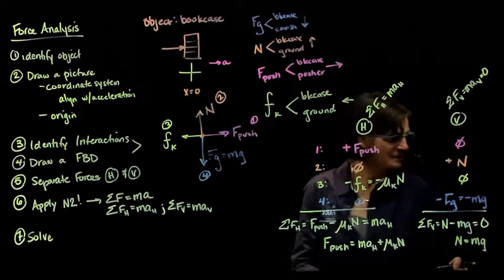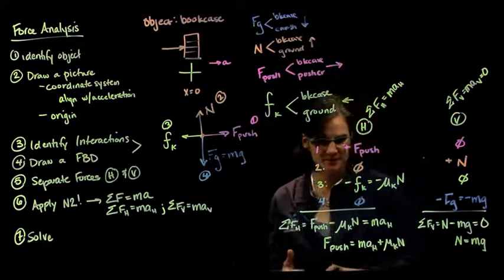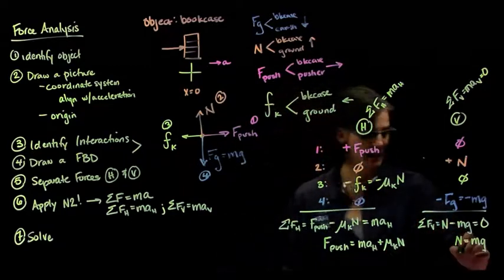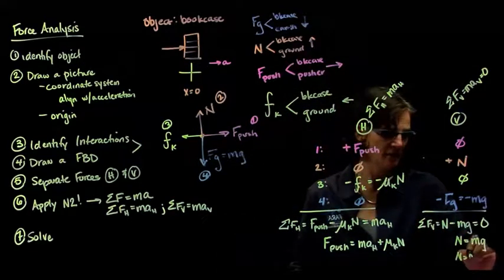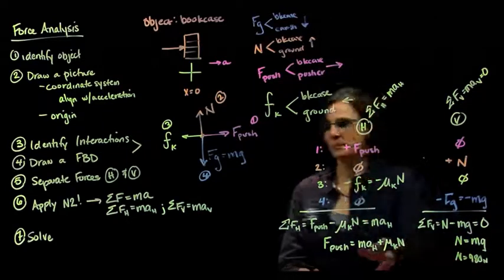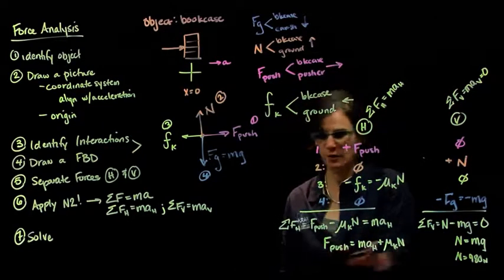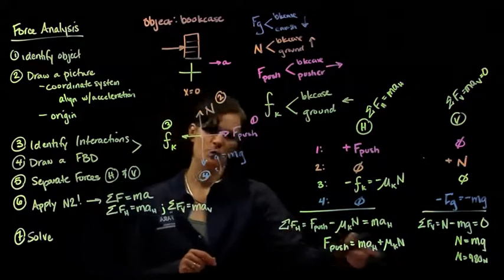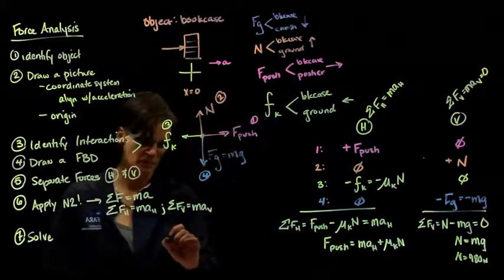So in this case, my mass was 100 kilograms. So 100 times 9.8 is 980 newtons. So N is equal to 980 newtons. Now I'm just going to shift this equation over because I'm afraid I won't be able to show the relationship. So I'm just going to put it over here.